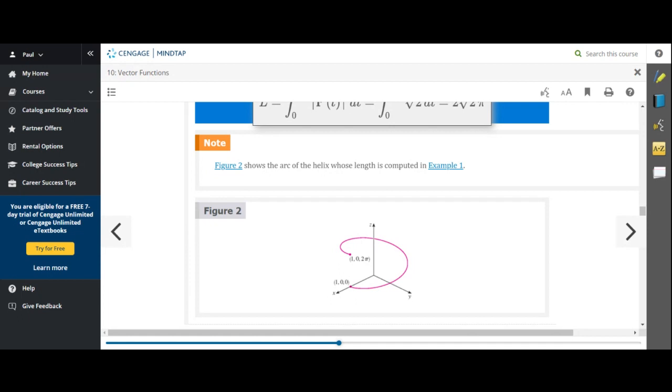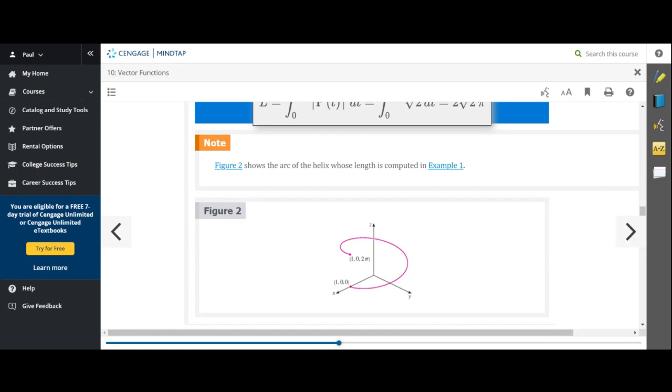How many have heard that a DNA strand is almost 2 meters in length if you stretch it out? Okay, Eric's confirming that. And so how do you find the length? Well, you better have an arc length formula, right?